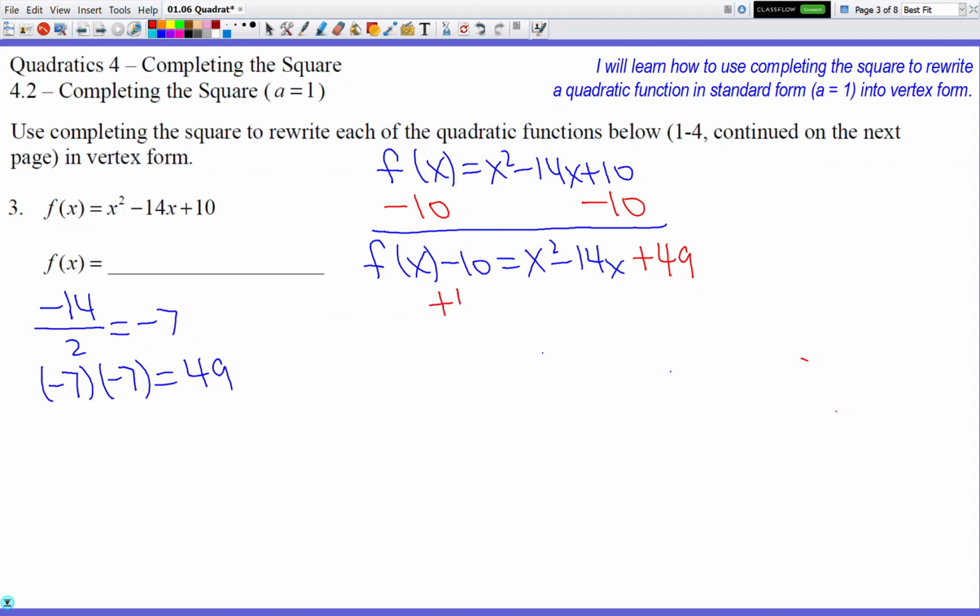I got to obey my laws of math, and if I don't obey them, then I'm going to guarantee make a mistake, and I'm going to get the wrong answer as a result. So I added 49 on both sides, so I'm safe. So I get f of x plus 39, right? Because negative 10 plus 49 is 39, equals x squared minus 14x plus 49.